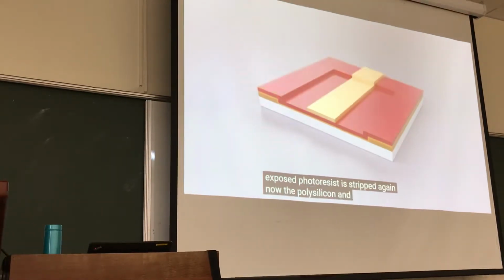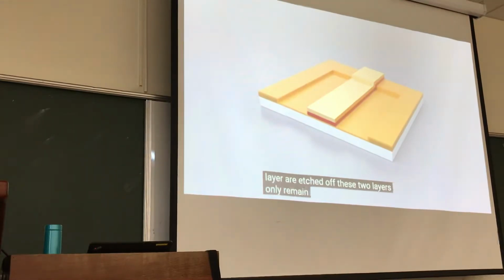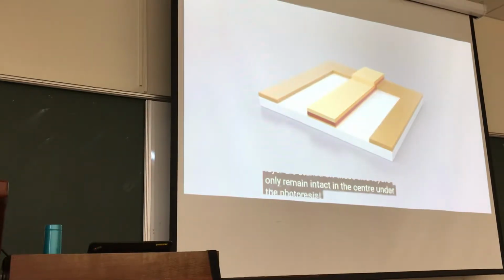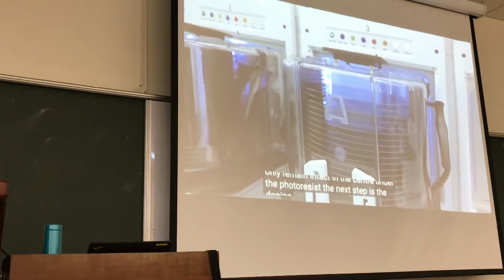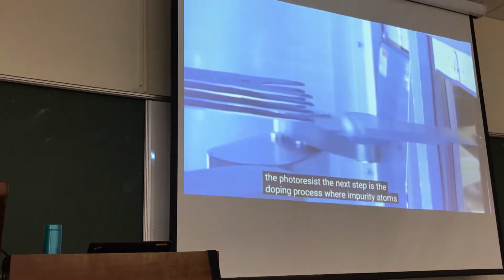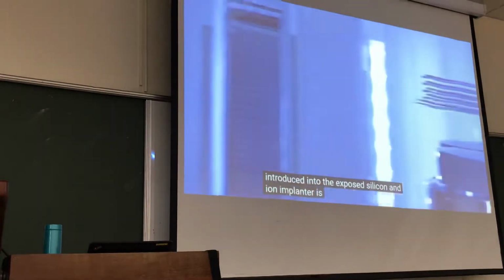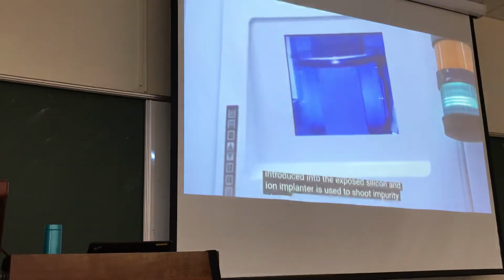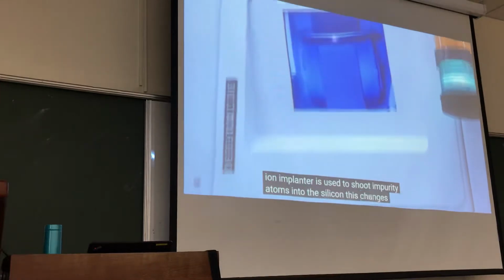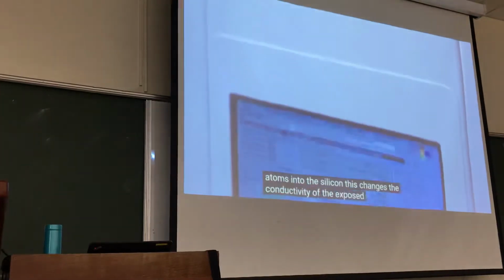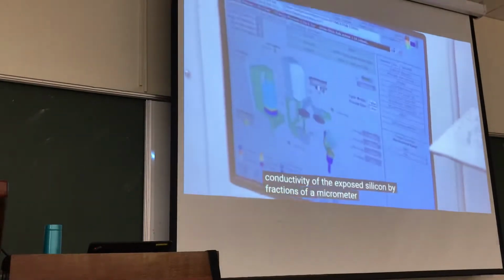Now the polysilicon and the thin oxide layer are etched off. These two layers only remain intact in the center under the photoresist. The next step is the doping process, where impurity atoms are introduced into the exposed silicon. An ion implanter is used to shoot impurity atoms into the silicon. This changes the conductivity of the exposed silicon by fractions of a micrometer.